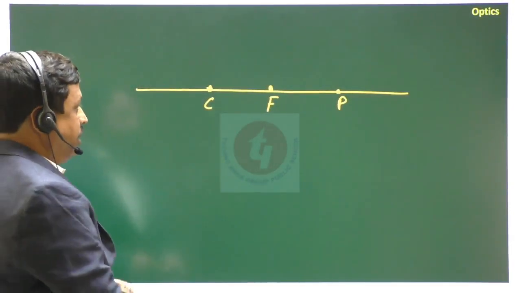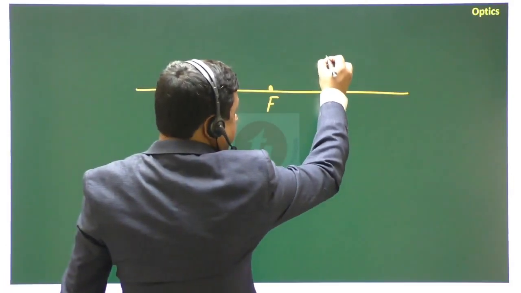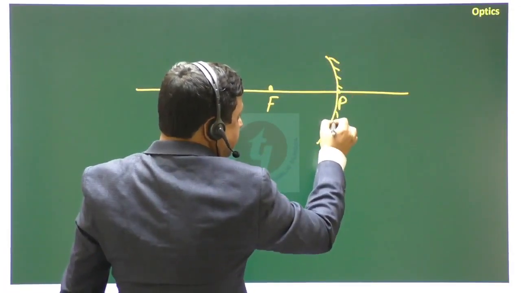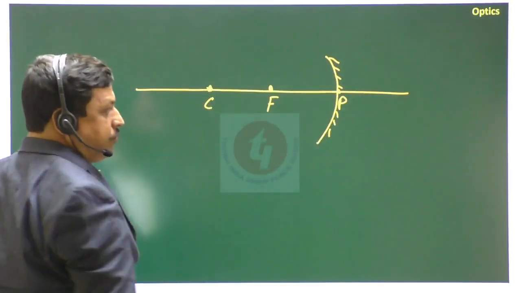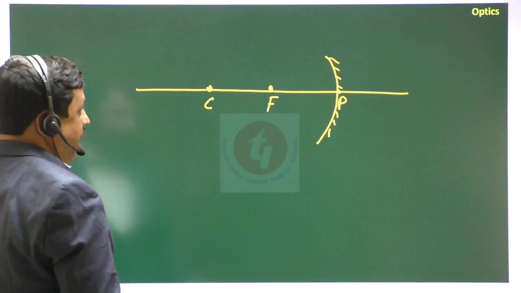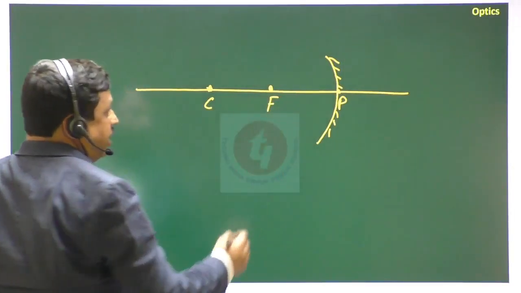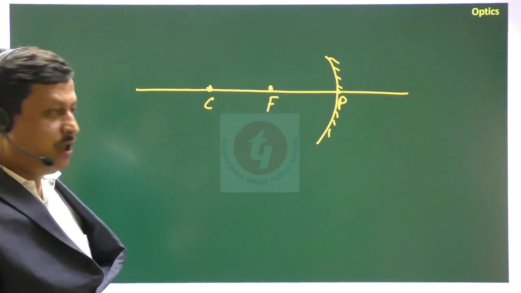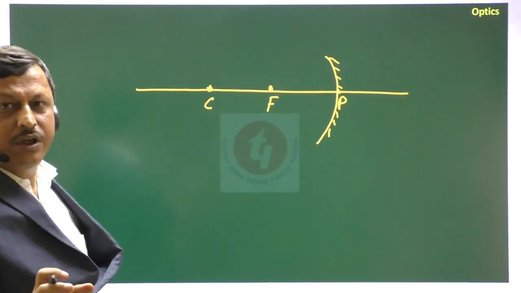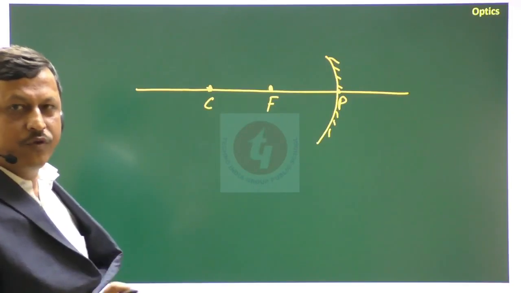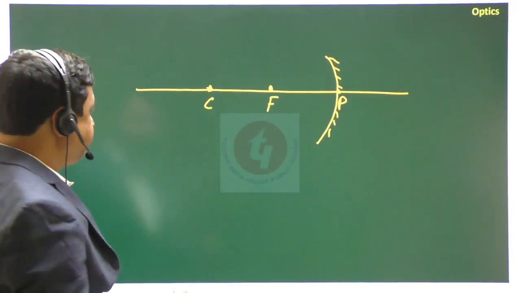Then you have to draw an arc from the P point, okay, and then you have to draw first the position of the image, and then with the three rules of ray diagram you have to draw the image formation, okay.